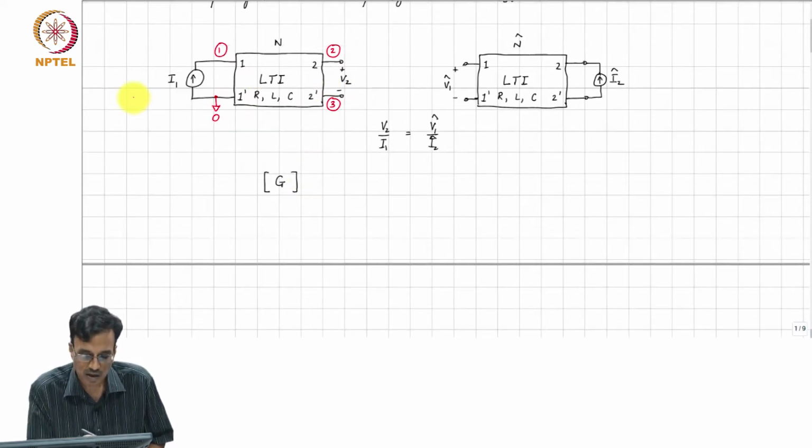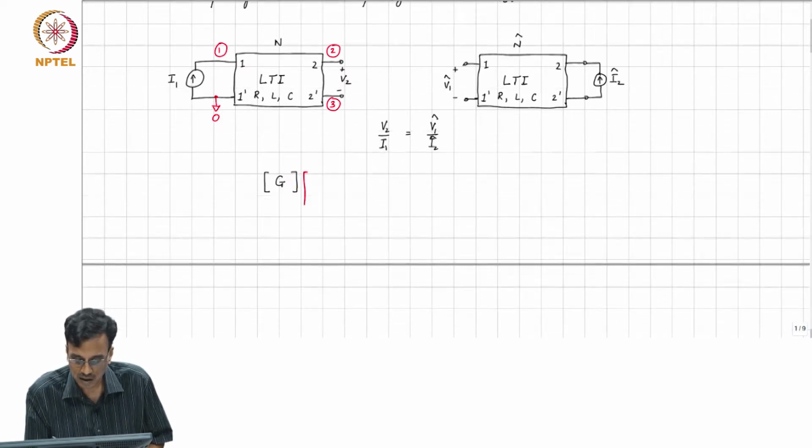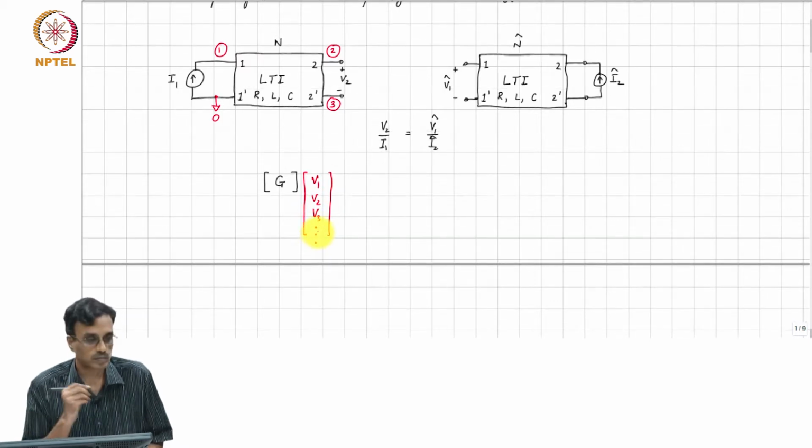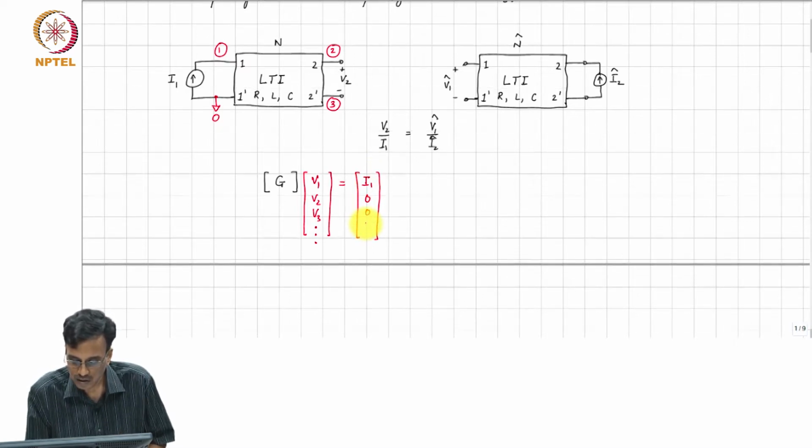So, we write the MNA matrix G, times the voltage vector, that is basically V1, V2, V3 etc., must be equal to the excitation vector, and that will simply be I1 going into node 1 and all the other entries are 0, correct.